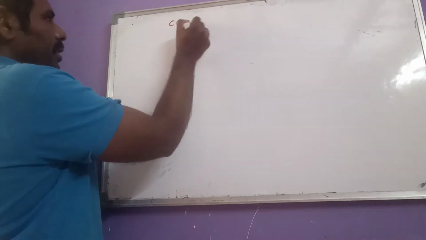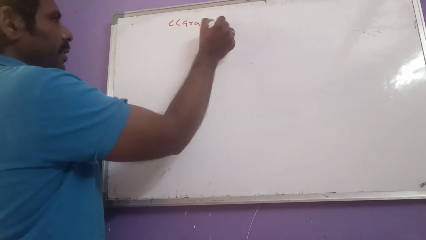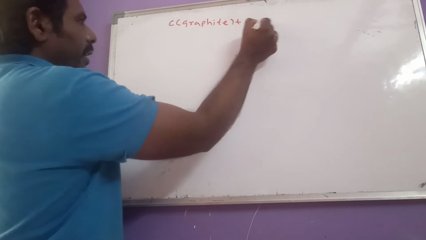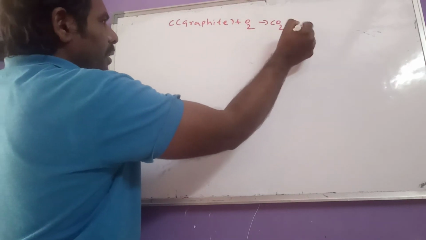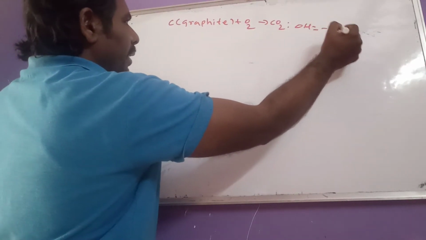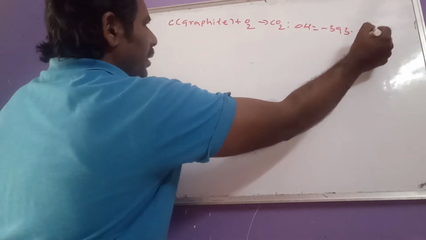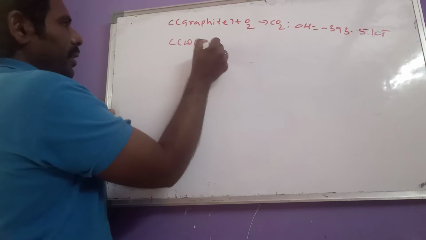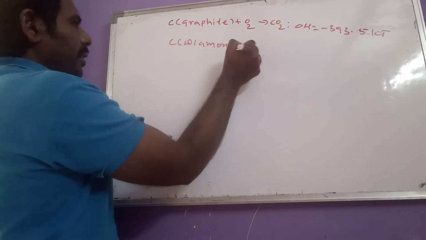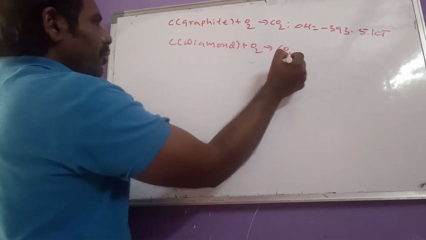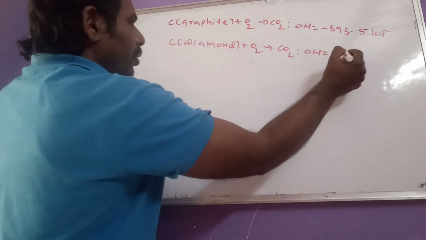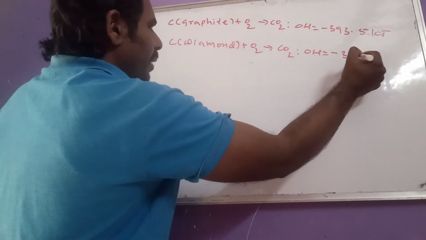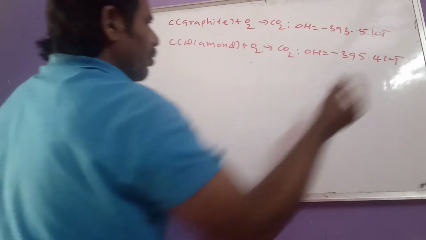Graphite plus oxygen gives CO2, delta H value minus 393.5 kilojoule, and diamond on combustion also gives CO2, delta H value minus 395.4 kilojoule.